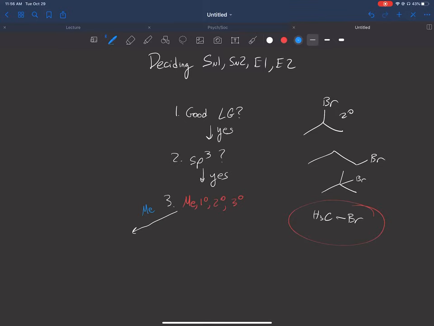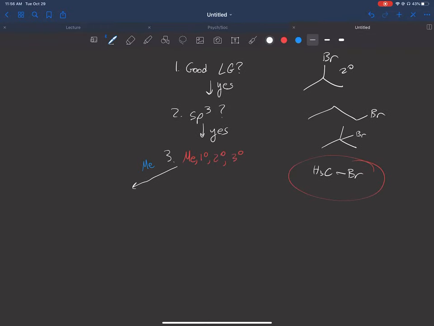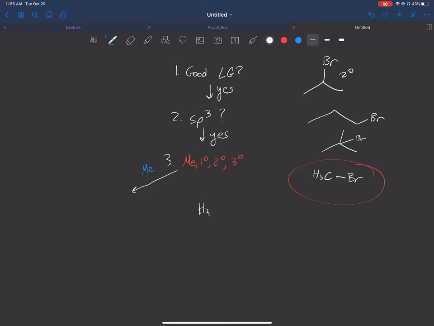Which of those two? Well, remember the SN1 mechanism, we get a carbocation. So I would have a methyl with a carbocation. We know the carbocation trends, right? You see all this stuff is coming back. This is why it's a good idea to understand rather than memorize, because people have a hard time when they start combining concepts, and it's only going to get worse as you get into Orgo 2. So we have a methyl with a carbocation.